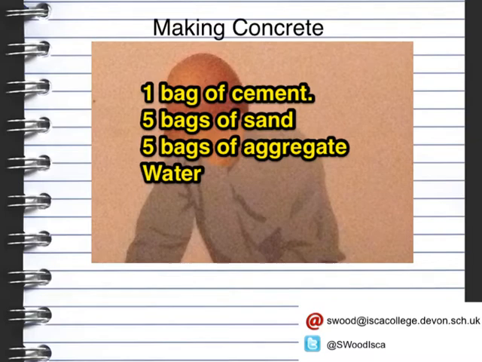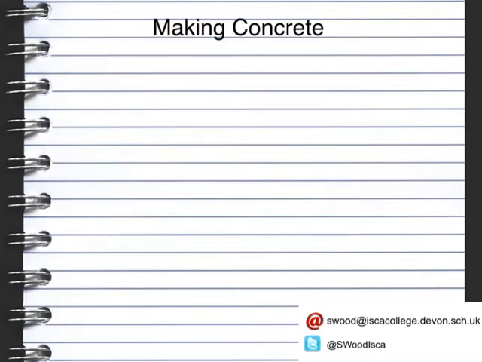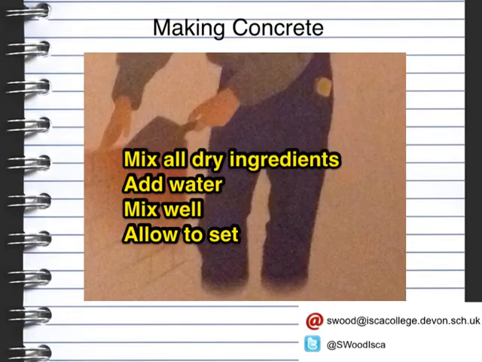How you make this is you add all the dry ingredients together, so the sand, the cement and the aggregate, and you mix them all together. You add the water and then mix again. Then you allow it to set.